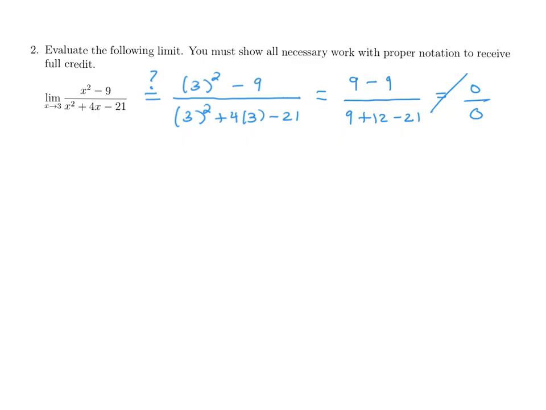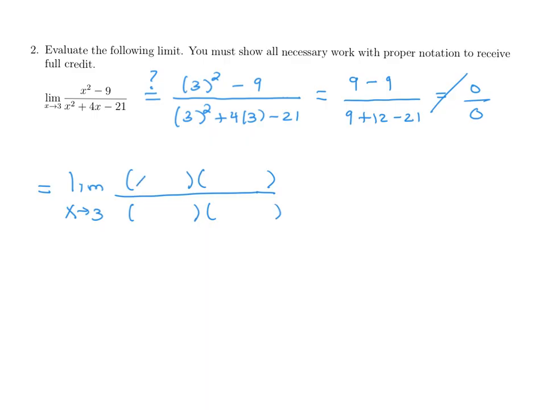But we'll take a different approach. Maybe we can simplify this rational expression to something where we can put 3 into the resulting equation. So let's try that out. So this limit up here is equal to the limit as x approaches 3 of, okay, well, can we factor the top? That's a difference of squares, so I think we can break it apart into 2 linear pieces. And I believe the same thing will be true for the denominator.